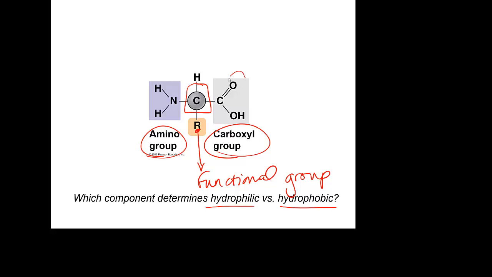Well, you could say, all right, these oxygens are out here. Maybe they would be hydrophilic. Water tends to like those big oxygens. But what we're actually going to look at is this R is the most important component for determining whether or not this amino acid is going to be hydrophilic or hydrophobic.